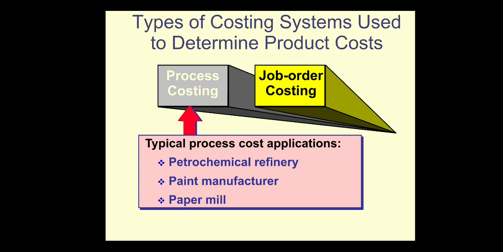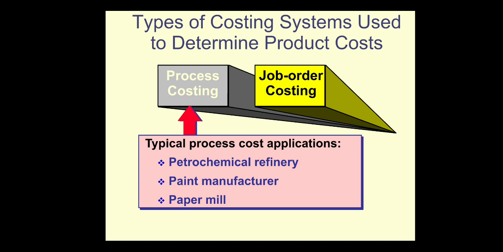So how do we calculate the cost of Coke soft drink per bottle? The basic formula is that the company has to calculate the total cost, and then divide the total cost by the quantity of Coke that they produce.